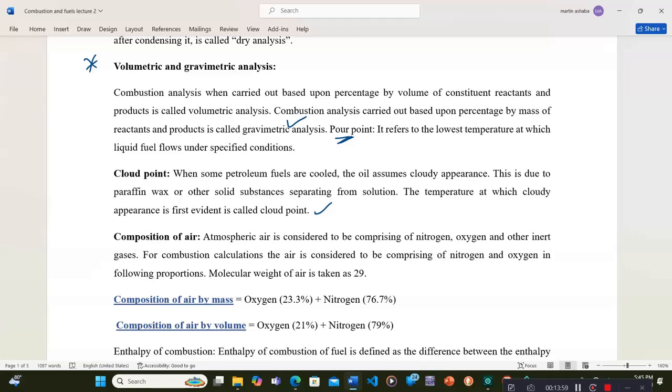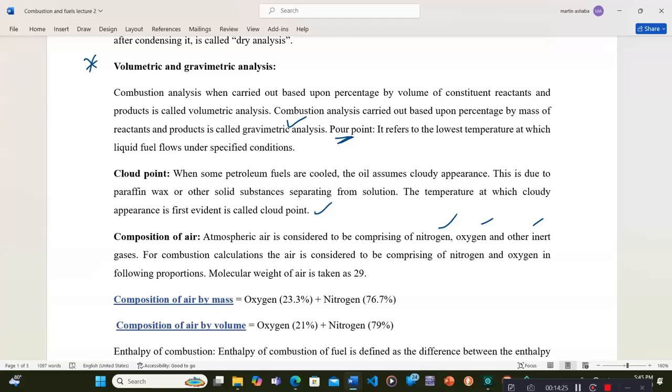Composition of air: we have to understand that atmospheric air is considered to comprise nitrogen, oxygen, and other inert gases. There is argon, there is neon, and also some water vapor. For combustion calculation, the air is considered to comprise nitrogen and oxygen in the following proportions.